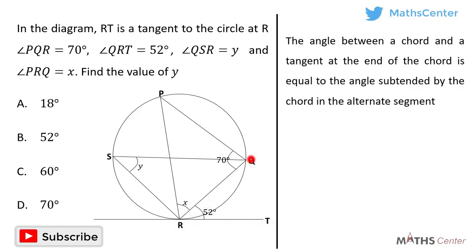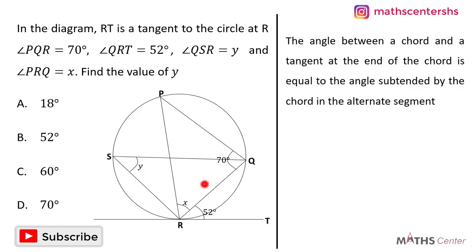That is the angle QRT, which is given to us as 52 degrees. This same chord RQ subtends the angle QSR, which is given to us as Y, at the circumference in this segment.